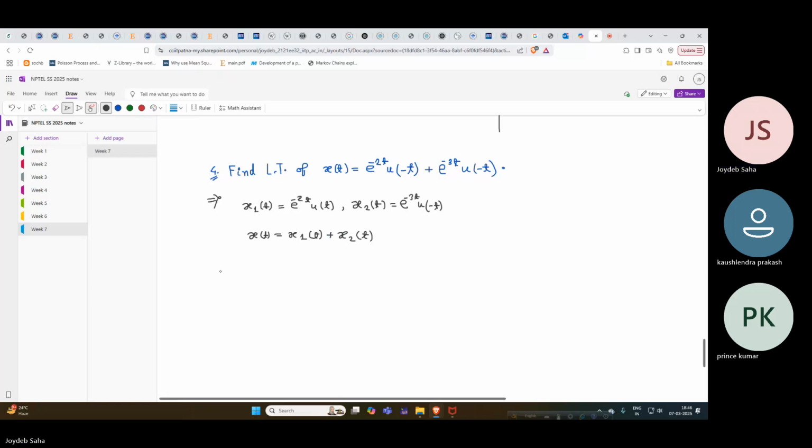Now x1(t), so what is X1(s)? This is the Laplace transform of x1(t).